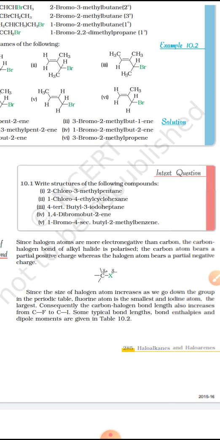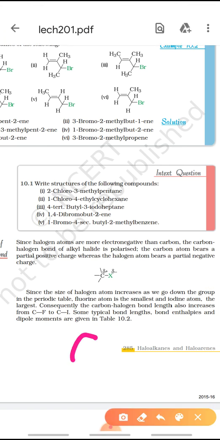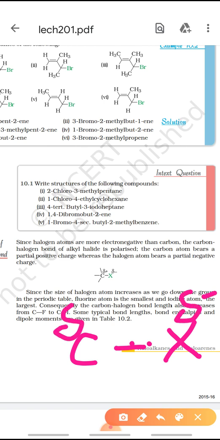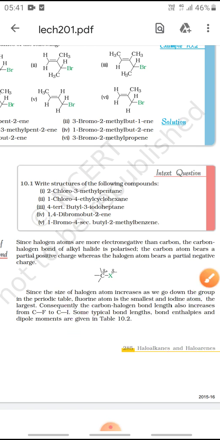The bond is polar because the electron pair shifts more towards the halogen, being more electronegative. Halogen attains a partial negative charge and carbon attains a partial positive charge. So due to this, the halogen-carbon bond is slightly polar.